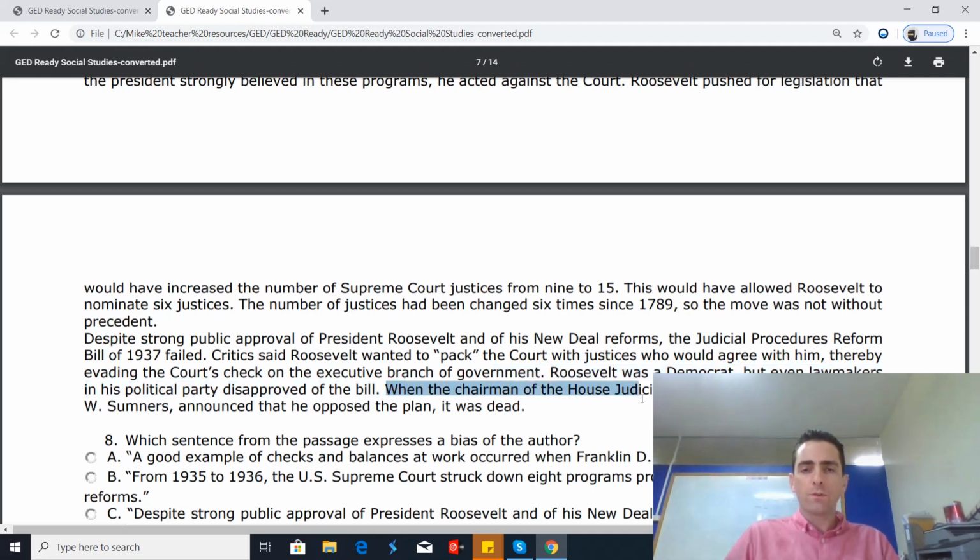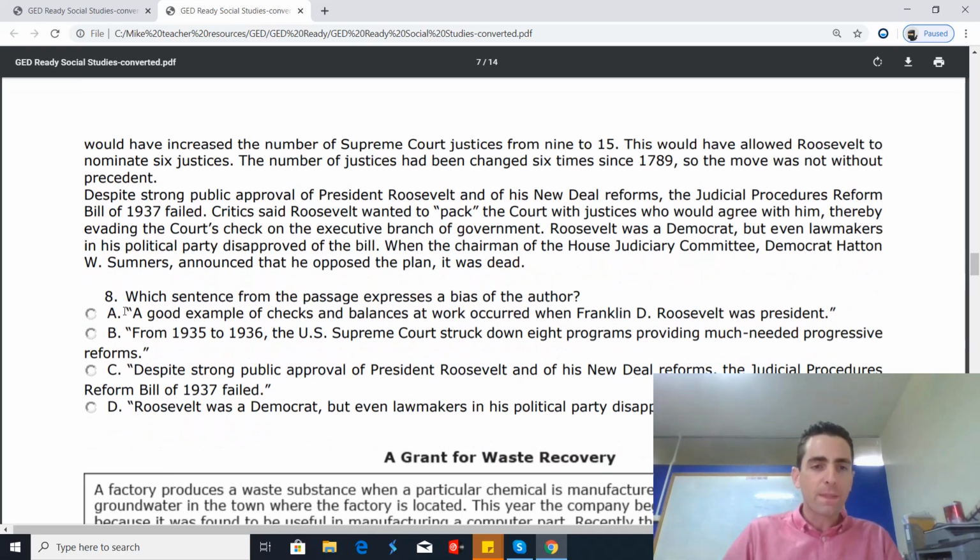When the chairman of the House Judiciary Program. Okay, so we have here the Democrat Hatton W. Sumners. He was part of the Judiciary Committee, so he is a lawmaker and he opposed the plan. So that's a fact as well. So go with A there. A shows the bias because it's an opinion.